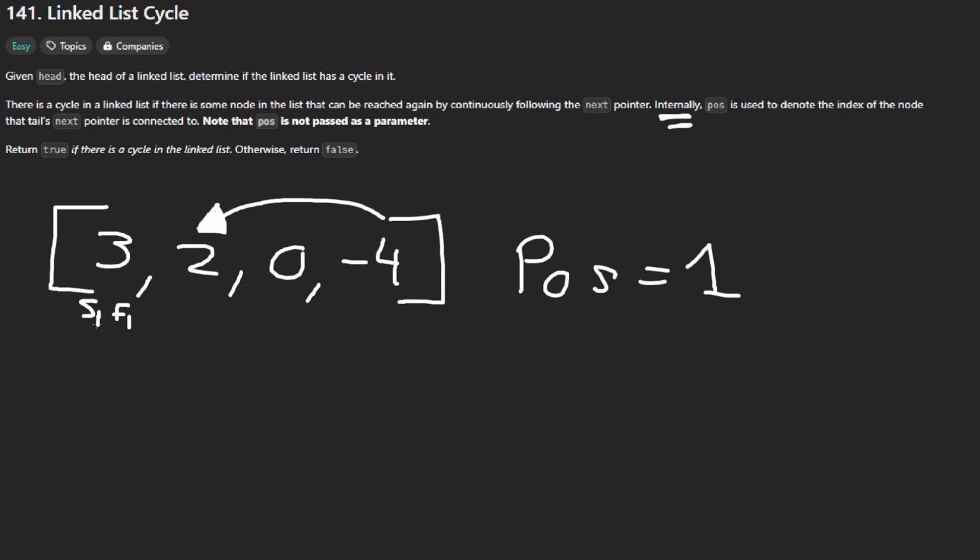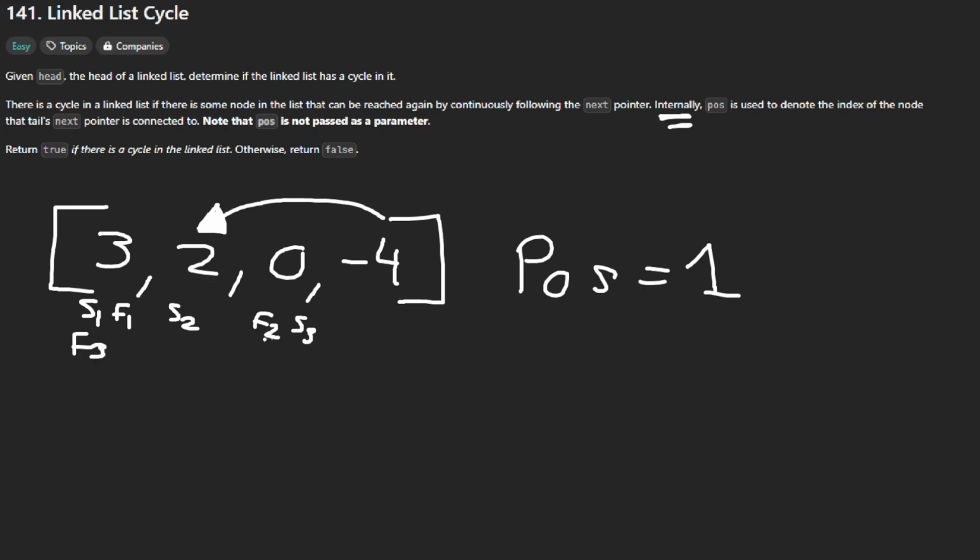So in this case, the slow pointer will move by 1, the fast pointer will move by 2, right? I'll just run through this very quickly. In the beginning, slow pointer will be here, fast pointer will be here. Slow pointer will be here for slow 3, fast pointer will be back here for fast 3.